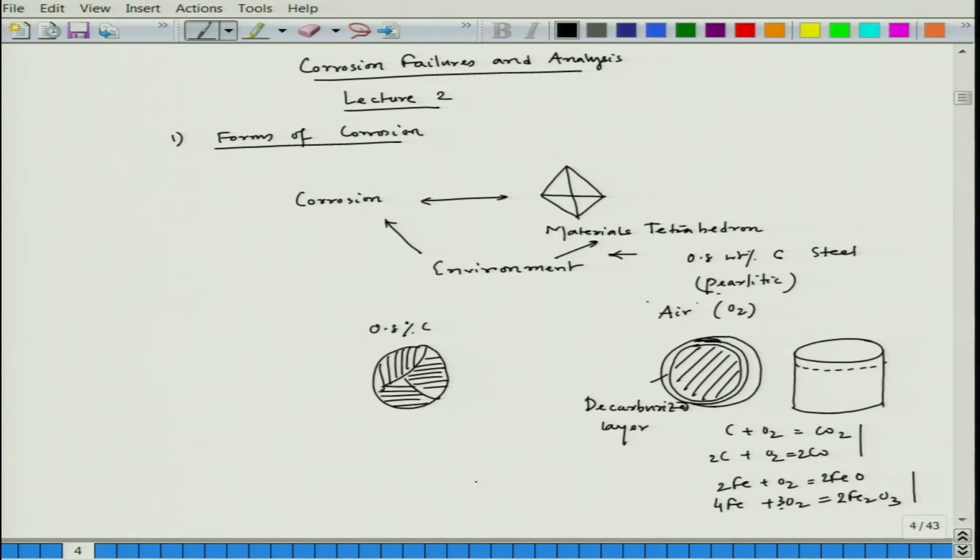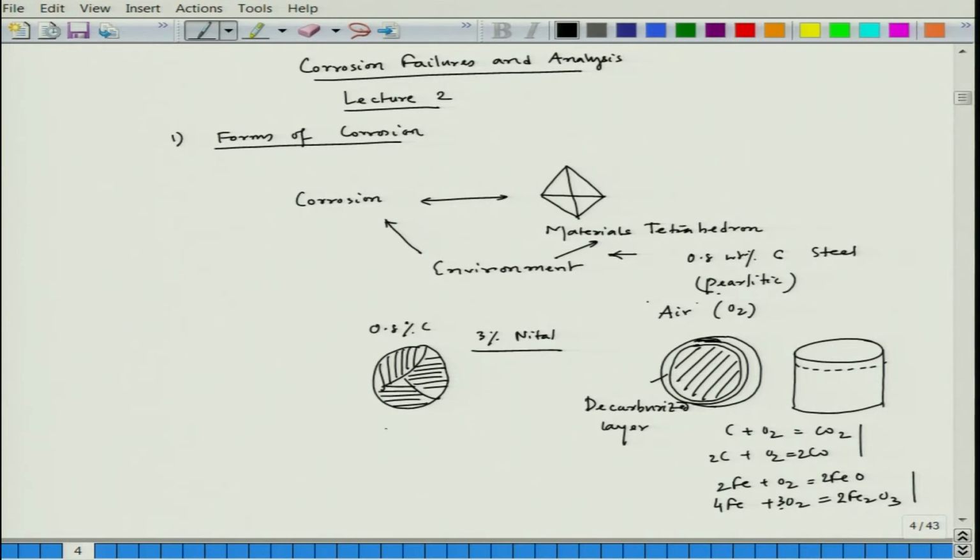Now, if we etch it with, let us say, 3% nital solution, which is the common etchant for carbon steel, and you hold it for a long duration, if you do immersion etching, there is a possibility that the surface might get burnt. You would see some strange color appearing on the surface. Those are actually burnt surfaces, and that means you have to hold it for a shorter duration.